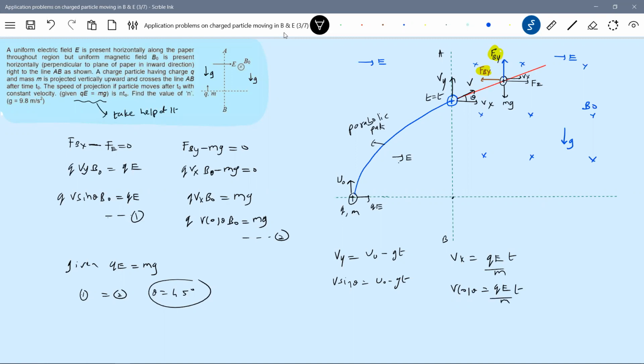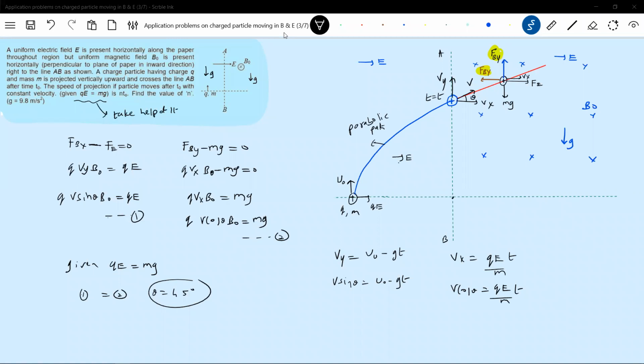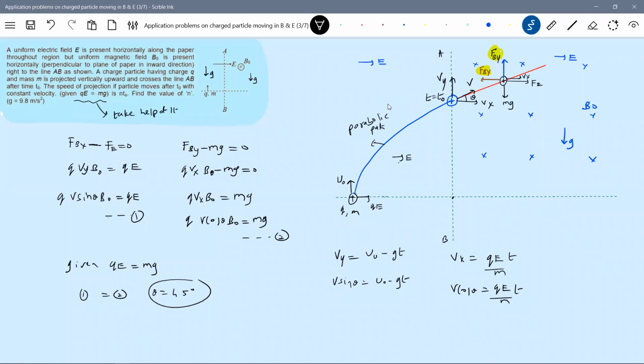I hope we can now get into it very easily. Theta we know is 45 degrees. I'll put it as t naught. A lot of symbols are there, okay, t naught I introduced.